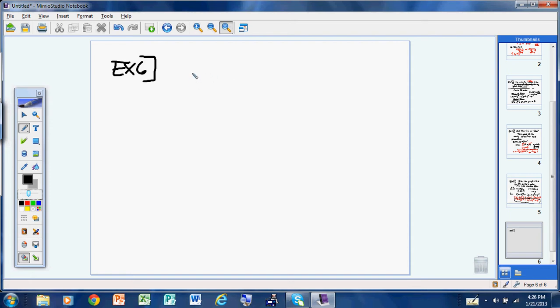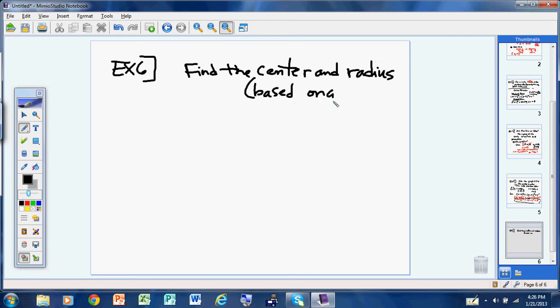Now, it says find center and radius, and that's based on the graph. If you look at that graph, you're having to count, and you're having to add those two x's and y's.